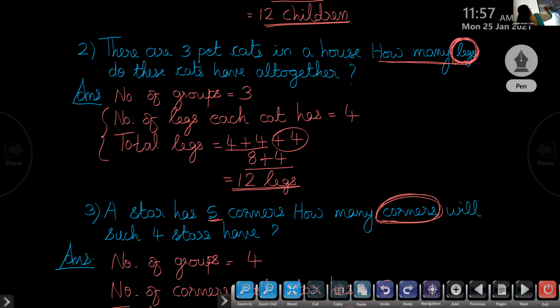So the second and third statement is related to legs, number of legs and total legs. In the third one, it is told to find out the number of corners. So the second and third statement is related to corners. So when you get a question, you have to check first what is to be found out. And that is to be written as the second and the third statement. Okay.